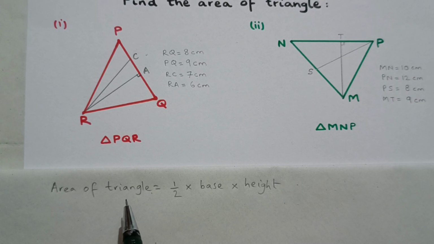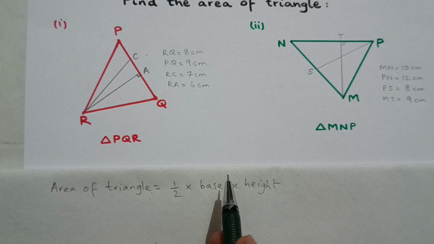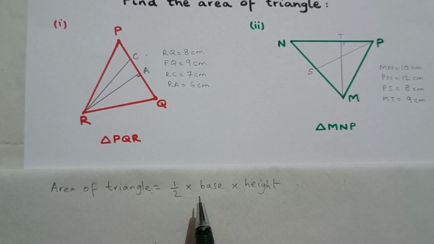So out of the 3 sides of the triangle, any one side can be considered as the base. So in this formula, we have the term base. So what is base? So base is any one side of the given triangle.